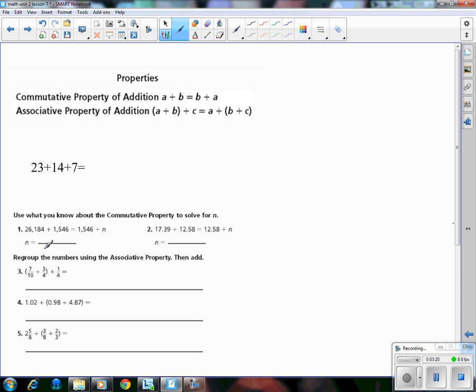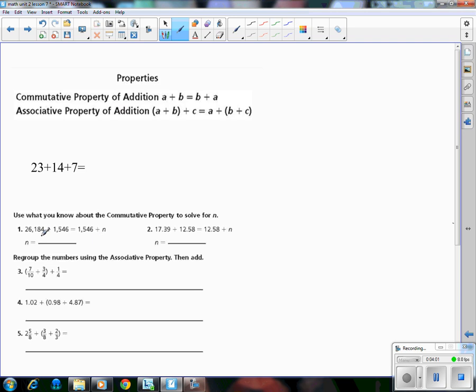Number one says use what you know about the commutative property to solve for n. 26,184 plus 1,546 equals 1,546 plus n, some number. Remember, the commutative property says that the order that numbers are added in does not change the sum. So just because the 1,546 comes first here, it's not going to change the sum.